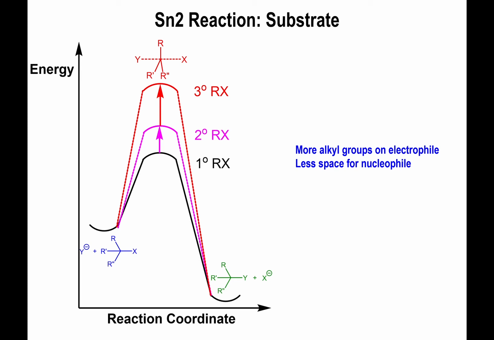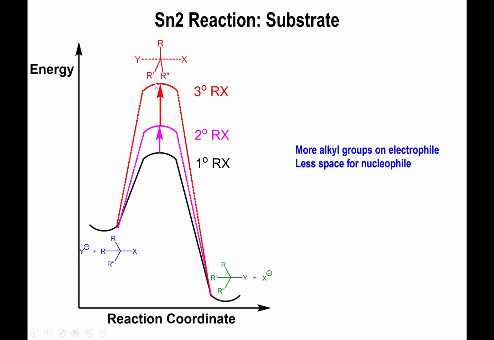So that kind of brings us to the idea of the substitution of the electrophilic carbon. The more bulk that you present around the electrophilic carbon, the more difficult it is for the nucleophile to reach over and form the trigonal bipyramidal intermediate. And the way we represent this is just by saying that the activation energy of this transition state is going up.